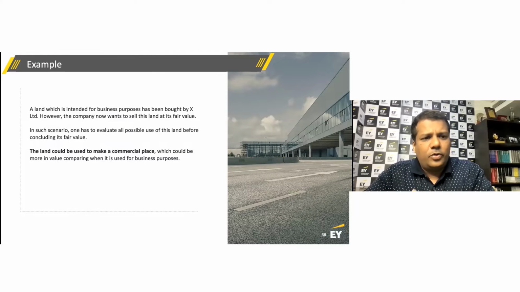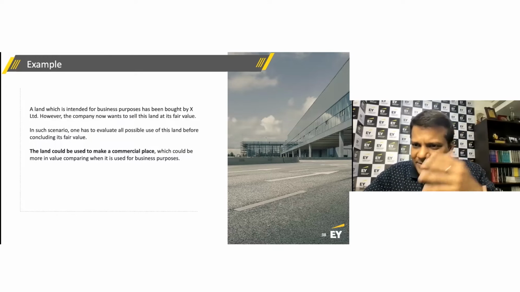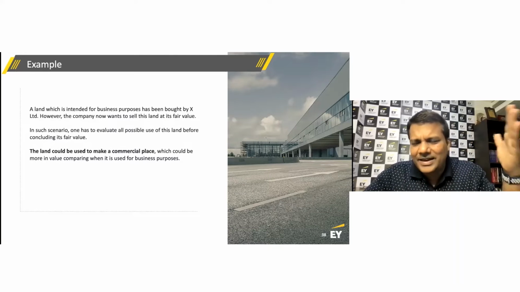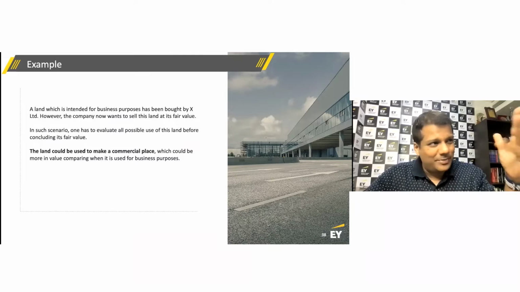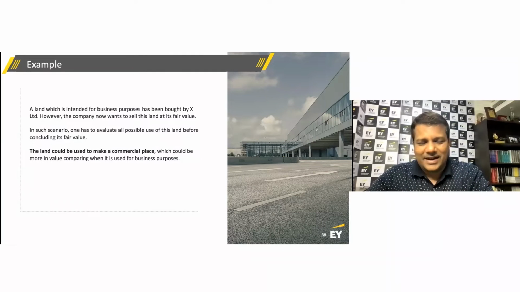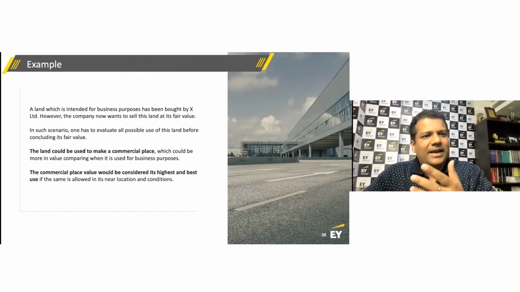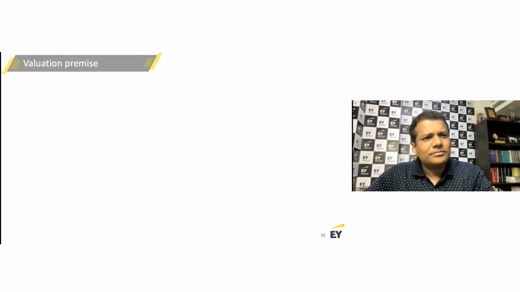Land could be used to make a commercial place, or a housing society, or a parking shed, or whatever is legally permissible, financially feasible, and physically possible. You have to look at all three factors to assess the possibilities here, and then determine the fair value.